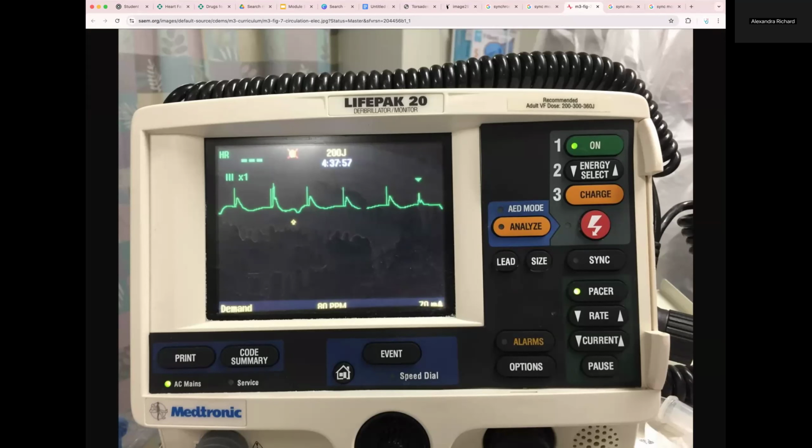So someone asked, if BP is low and the heart rate is high, can you still do cardioversion? Well, it depends. Why are we doing cardioversion? Cardioversion is for SVT, it's for AFib, it's for A-flutter. So remember, cardioversion is elective. Cardioversion is not usually like emergency.